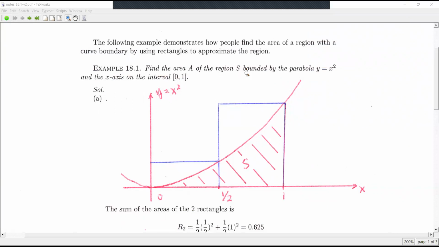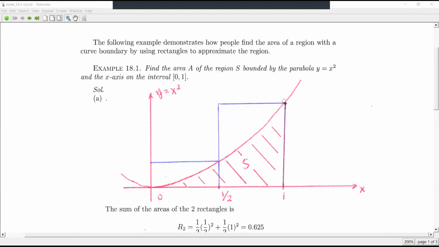The region in this example is the shaded region in this diagram. It lies between the parabola x squared and the x-axis, and between 0 and 1. This region is a general region, not a simple region, because the top boundary is a curve, a parabola.